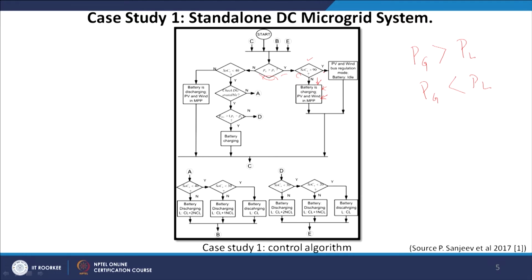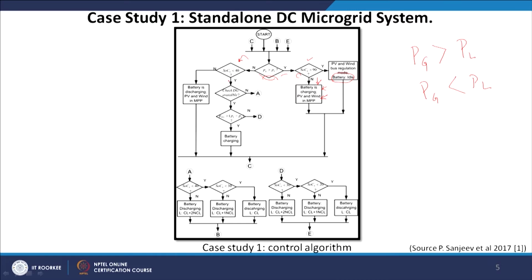Now, if it has already been charged up to 90%, then the PV and wind bus will go to regulation mode and the battery will be idle. We will not charge further. But if P generation is not greater than PL, meaning the generation is less, you will follow this step.